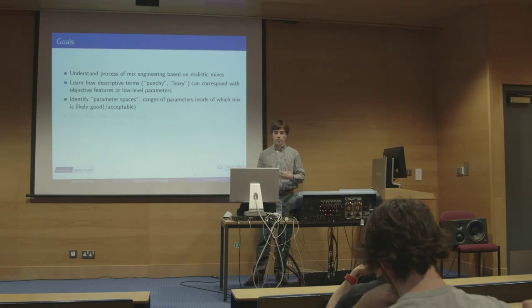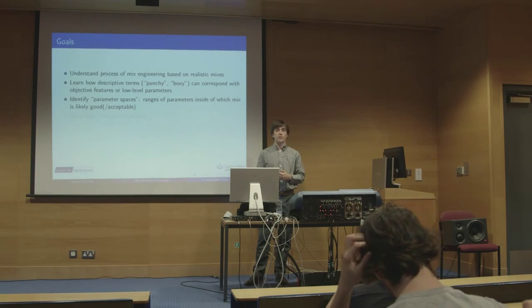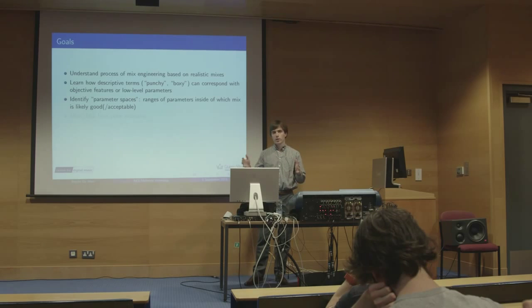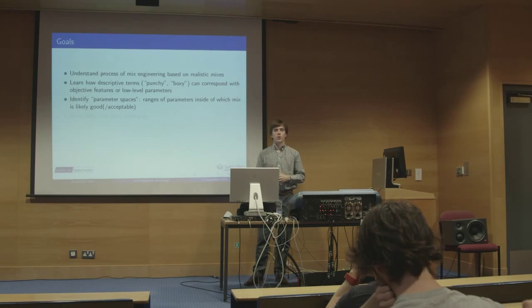This is a hypothesis that would be nice to check: given some audio, can we say, well, this is a likely range, even if you can't pinpoint the exact parameters, because there may be various different ways of mixing a song in an acceptable fashion. Maybe we can at least say, okay, this is the range you would likely want to put those parameters in.